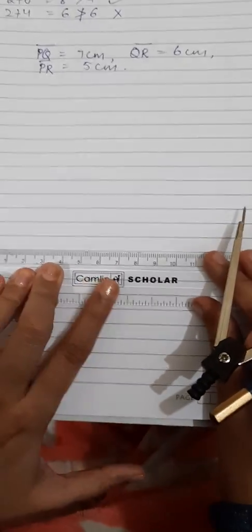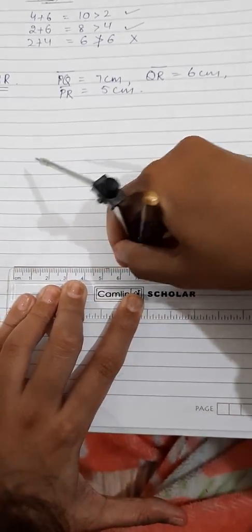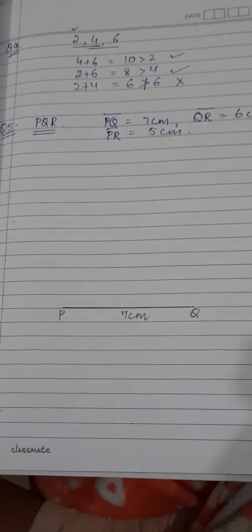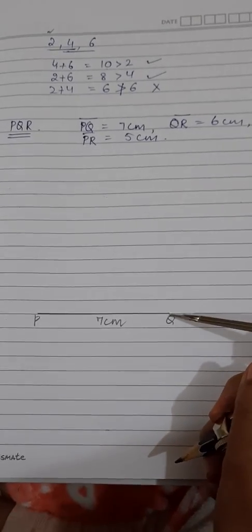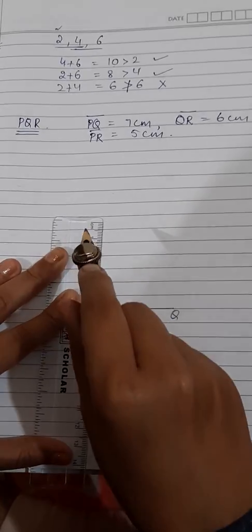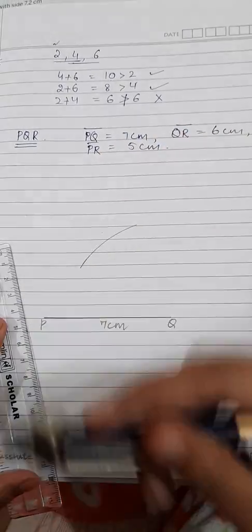So PQ, let us draw the line of 7 centimeters from this to this. PQ 7 centimeters. Okay. Now the next is QR, 6 centimeters. So from point Q, you are going to draw an arc of 6 centimeters. So open up your compass to 6 centimeters. Draw an arc like this.